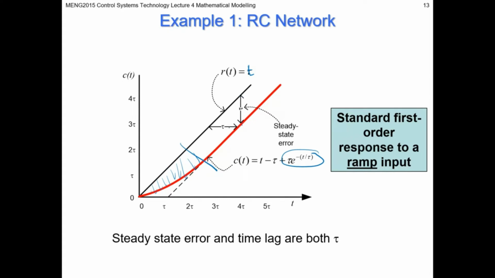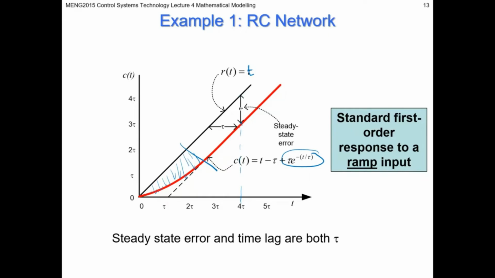So that lag works in both directions. It's a 1 time constant time lag, and it's a 1 time constant error in the value at any given time. So at 4 tau, you have a 1 time constant error.